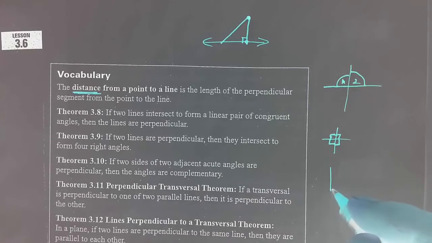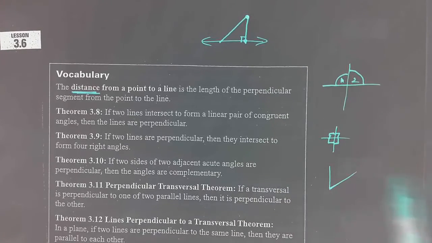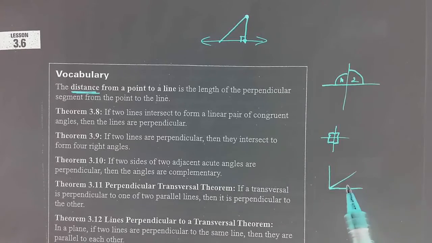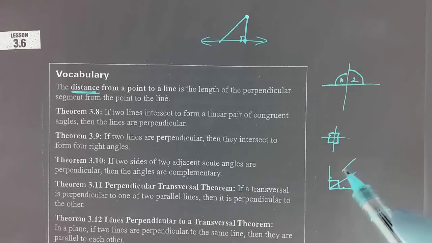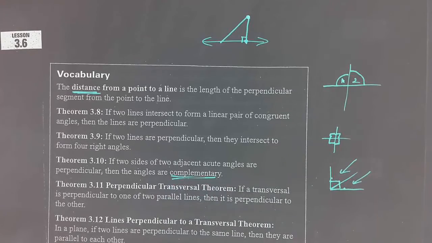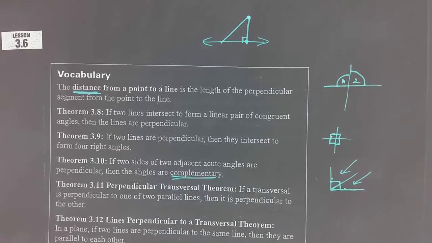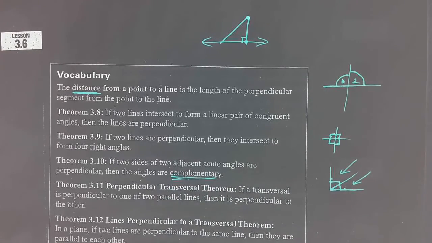If I draw an acute angle like this, and I draw an adjacent angle to it that's also acute like this, and I know that these two sides are perpendicular, then what has to be true about the two measures of these angles when you add them together? That's what that's saying. So at first blush, it might look a little bit complicated, but it really is just the stuff about perpendicular lines.